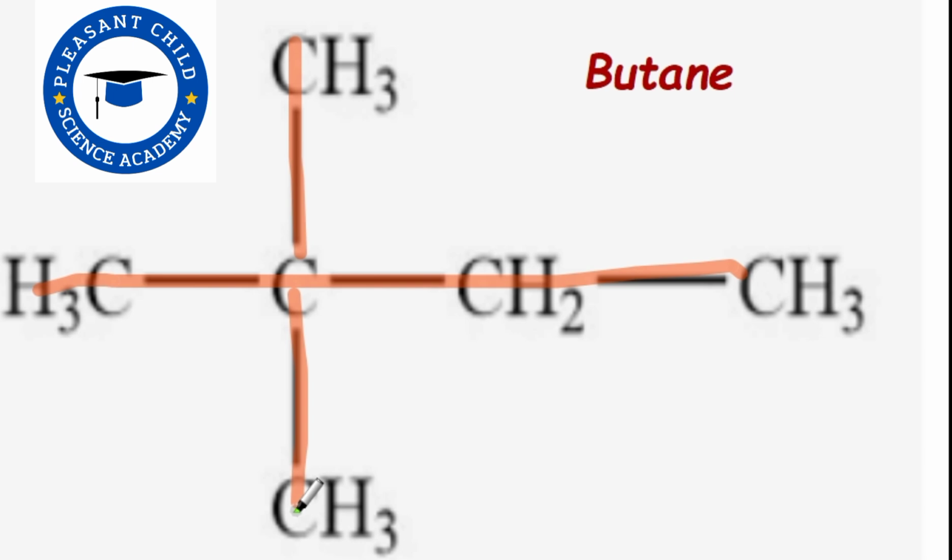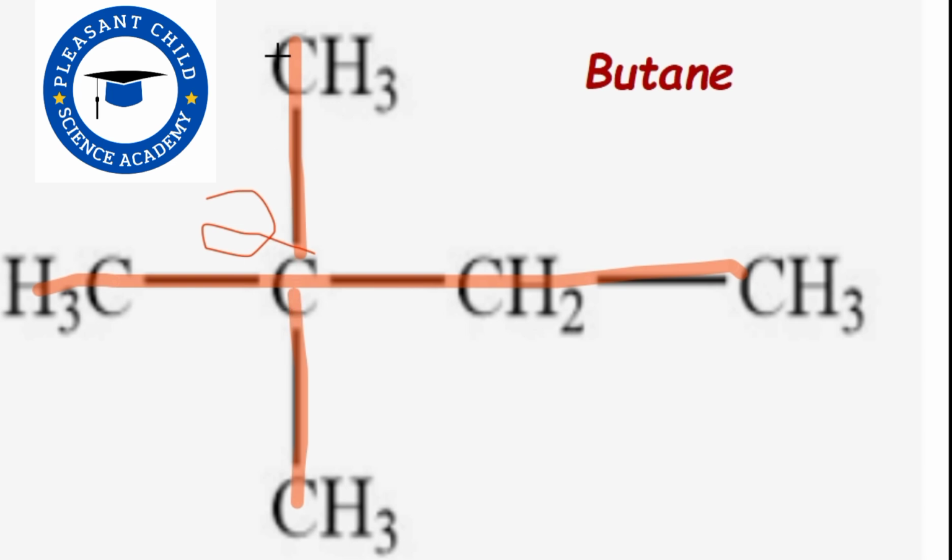If you are counting from your left, all these attachments fall on carbon number 2, and if you are counting from your right, it falls on carbon number 3. So we are picking the one from the left now, which is number 2, and that means that we have 2 methyl now, one up, one down, and they are both on carbon number 2.